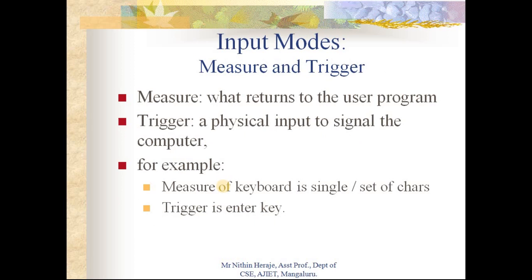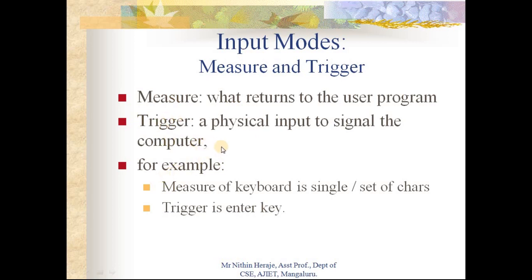We have different input modes, based on measure and trigger. Let's see what measure is. Measure is what the device returns to the user program, for example a value. Trigger is a physical input that signals the computer, some kind of action that is happening.